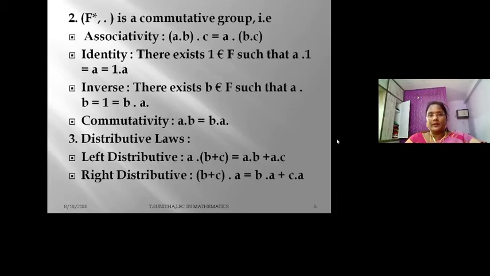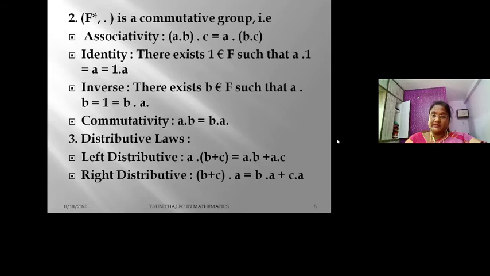Apart from those two conditions, the third condition: left distributive, a · (b + c) = a · b + a · c, and right distributive, (b + c) · a = b · a + c · a. So students, what is the vector space definition?